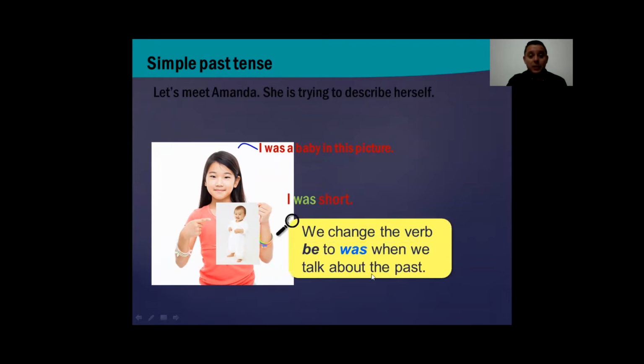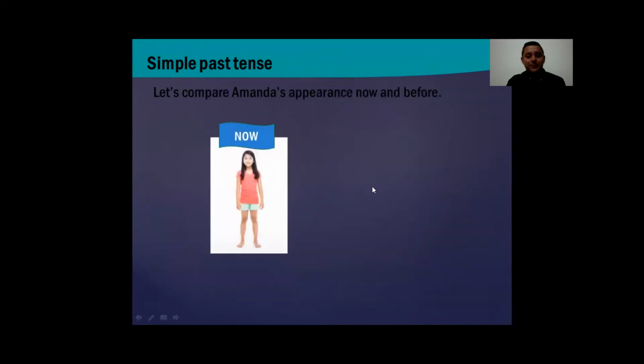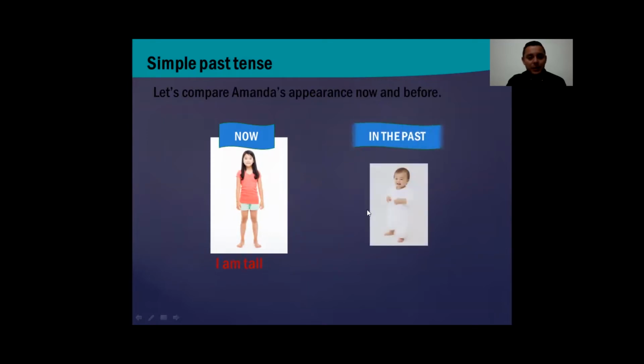So, as you can see, we change the verb be to was when we talk about the past. Right now we say, "I'm tall." And in the past, we say, "I was short." Okay? We change the verb be to was in the past, and am right now.